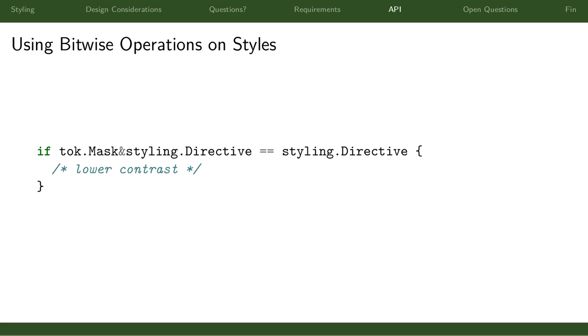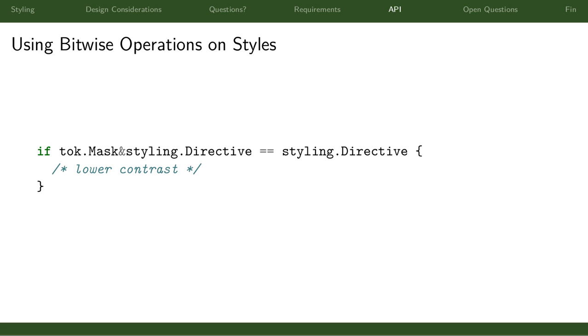An example of using this: the directive bit mask has all of the various start and end sequences in it. By using some simple bitwise math, we can check if a token is a styling directive versus just text that is styled. This makes things pretty easy.